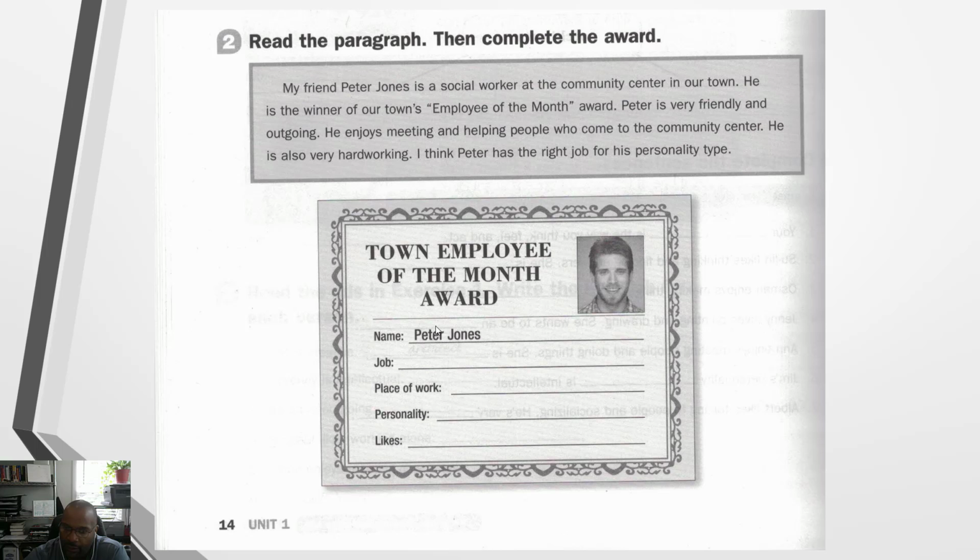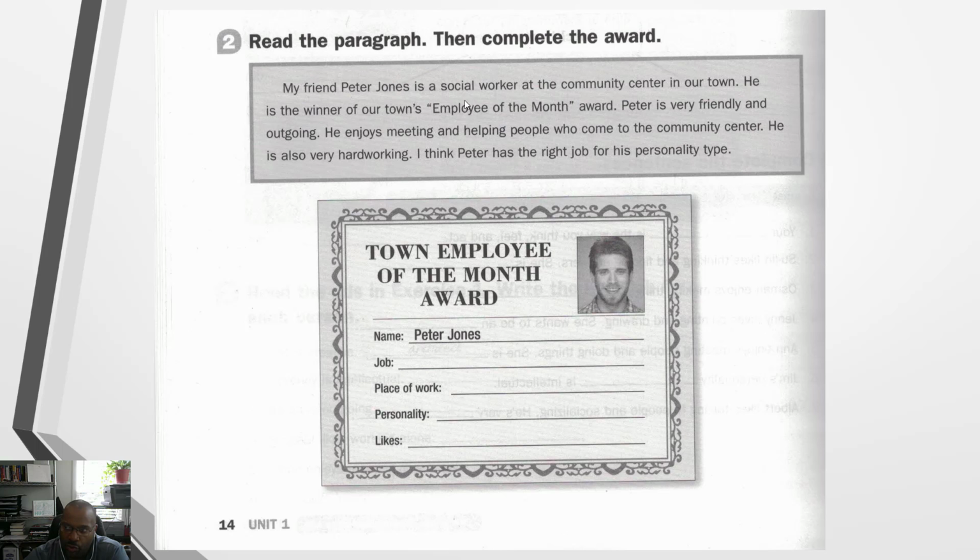so now let's go down here and let's fill out his award. Alright, so the first thing is done for us, his name, Peter Jones. Makes sense. Now I will share with you what I wrote in these, and hopefully we will sync up. Okay? Job. I wrote down social worker.